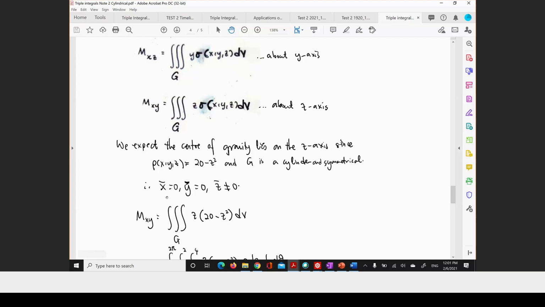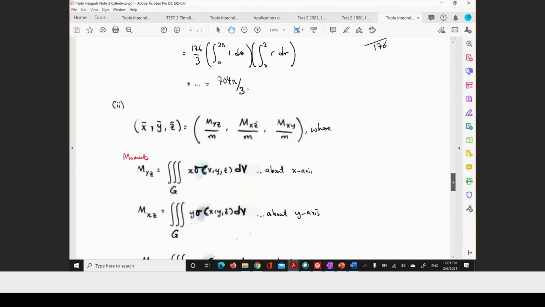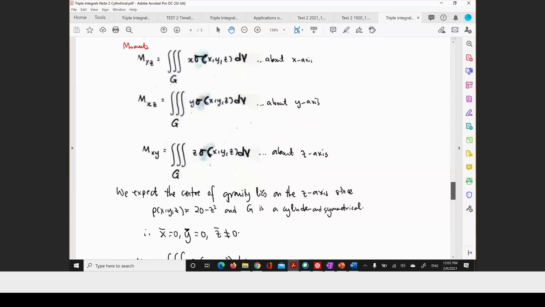So you only need to calculate z bar. And this is the formula to calculate. But what is z bar? Z bar is the moment m sub xy over m.